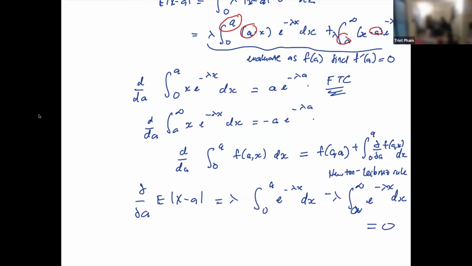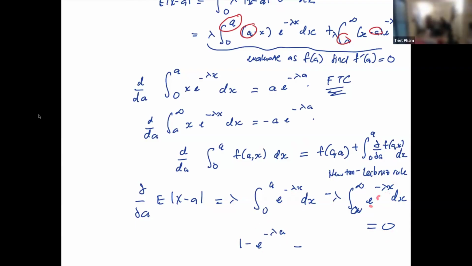Well, what is this, you ask? Well, let's calculate it out. The integral from 0 to a of e to minus lambda x dx will be, so the lambda doesn't do anything, it cancels because you set equal to 0. So that will be 1 minus e to minus lambda a, and then minus, sorry. You know what? Actually, I need the lambda, because if I anti-differentiate, I get the lambda there.